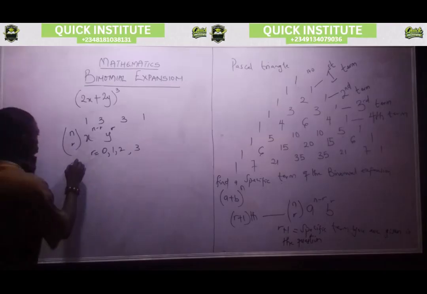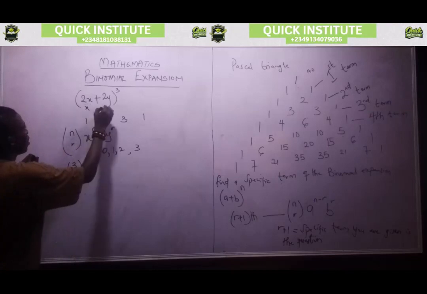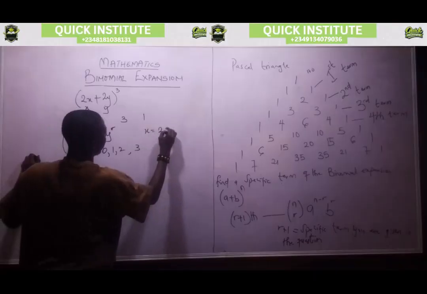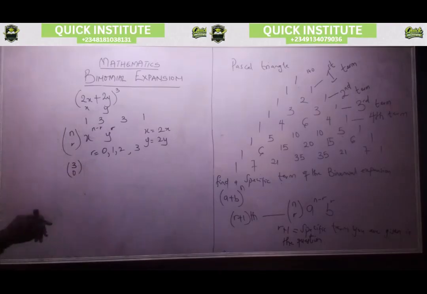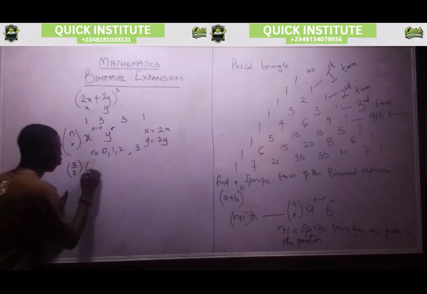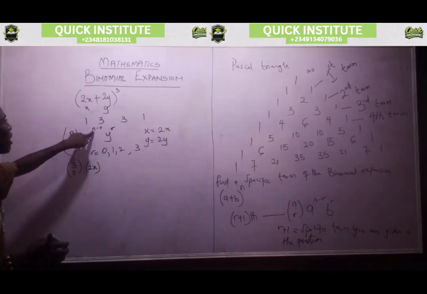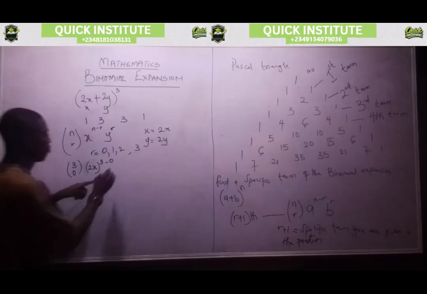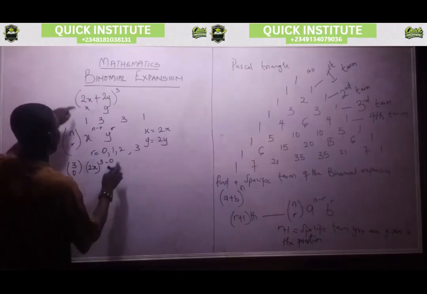Our x equals 2s, and our y equals 2y. So our x is 2s, n is 3 minus 0, and our y is 2y.